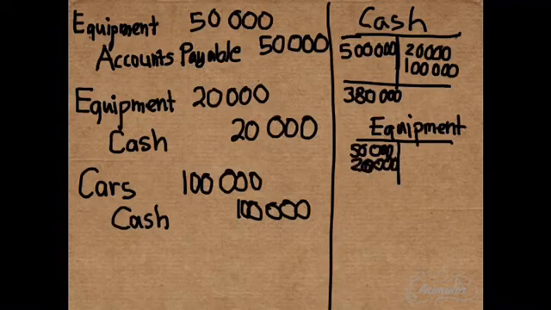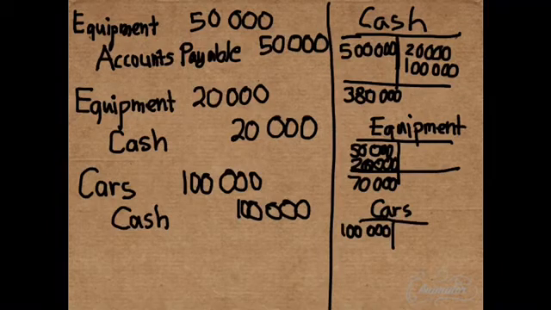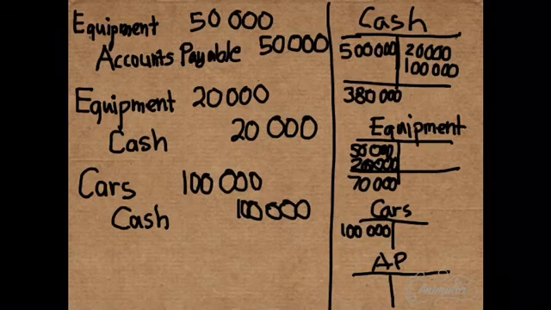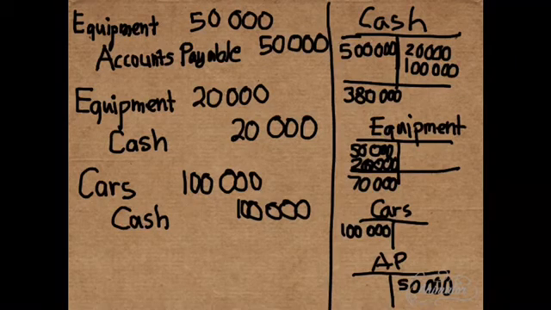As for the equipment, we would only add the purchases made on the equipment that were reflected in the general journal, so it would be the amount of 70,000. As for the cars, we would debit the purchase made on the cars amounting to 100,000 because it is an asset, and credit the liability because you incurred an accounts payable of 50,000.